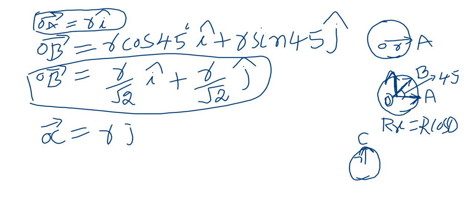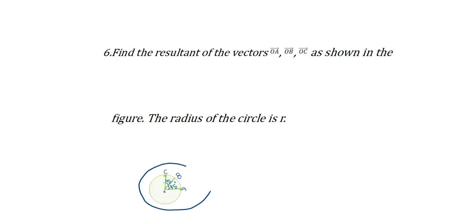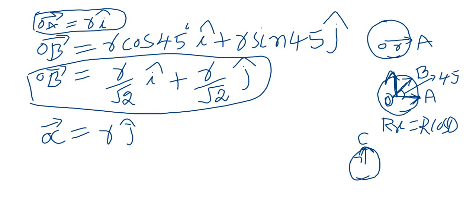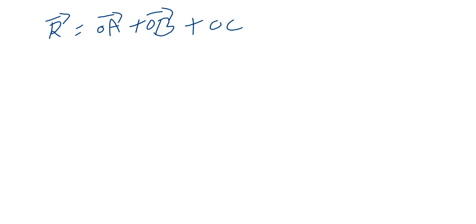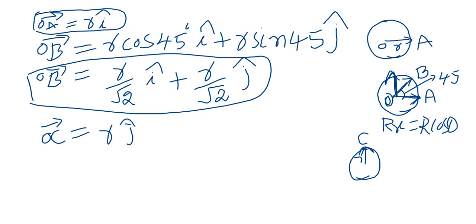Now find out the resultant of these three vectors. R bar is equal to OA bar plus OB bar plus OC bar. The value of OA bar is R i cap.